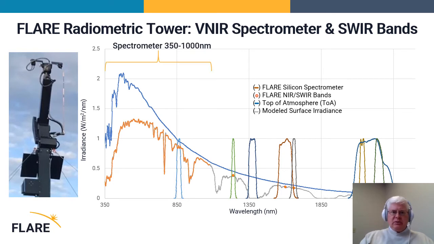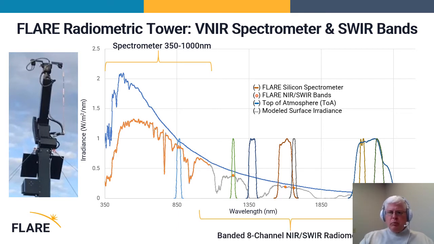So here we see the spectrometer band, which covers 350 to 1000 nanometers with a 1 nanometer resolution that provides incredible detailed information about the atmospheric transmission and the solar radiance. And then we also have a banded 8-channel near SWIR radiometer that provides pinning in 8 channels to the continued atmospheric information from 900 to 2500 nanometers.